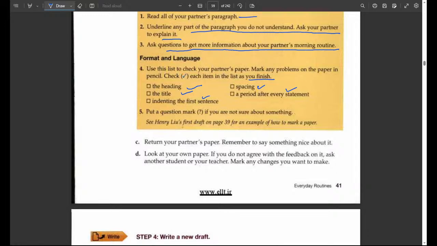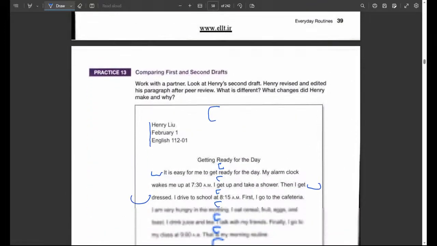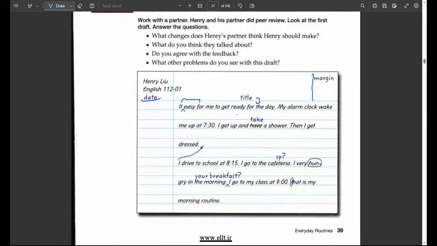See Henry Lewis, first draft, page 39, for example, of how to mark a paper. See, here we saw this one. How should one mark a paper? See, he wrote here margin, and then here spacing, then here an indent. The spacing there was a mistake.